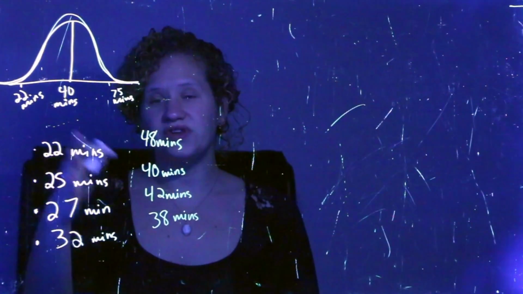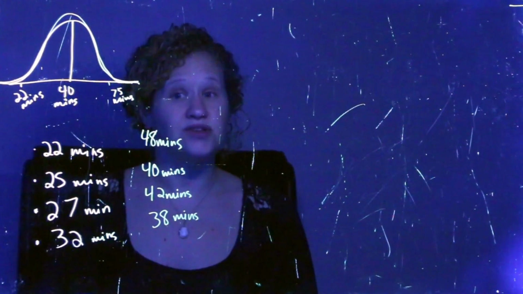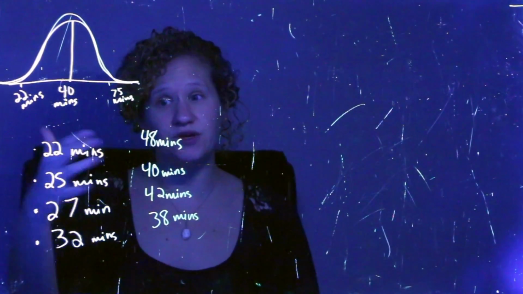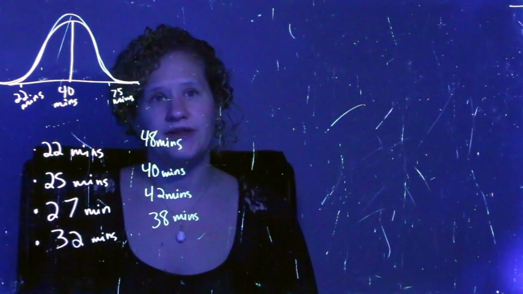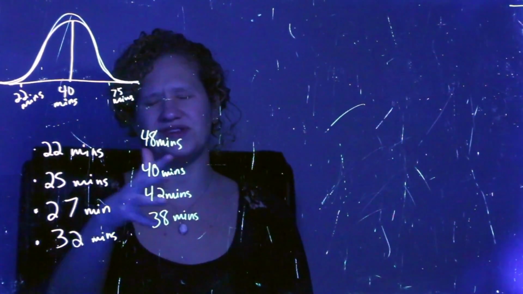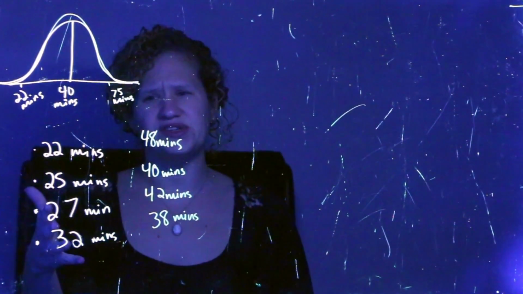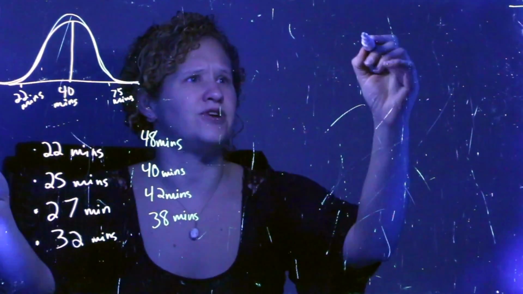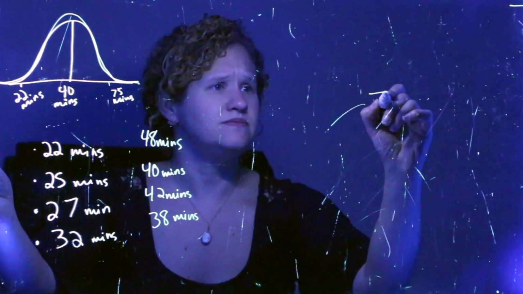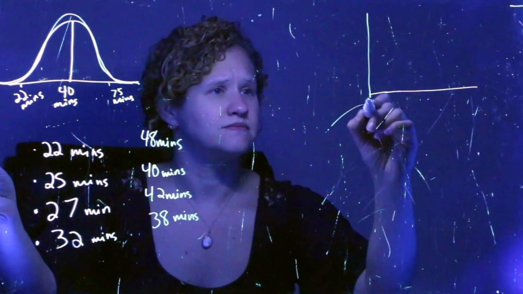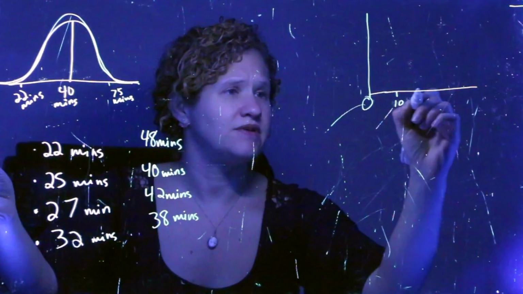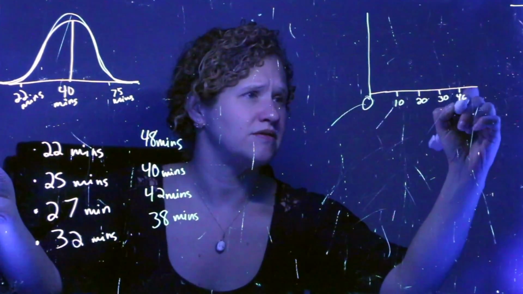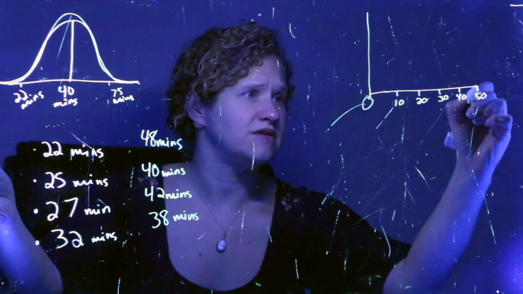What we would do is we would start to plot these into a histogram, a graph that graphs the frequency of each of these times. And you could see with just 8 samples, you would have a distribution that looked not quite as smooth as a normal curve. So here we have 10, 20, 30, 40, and 50, okay?